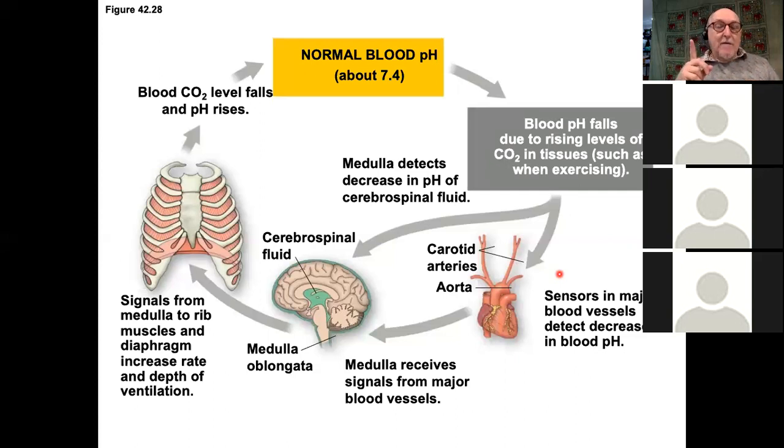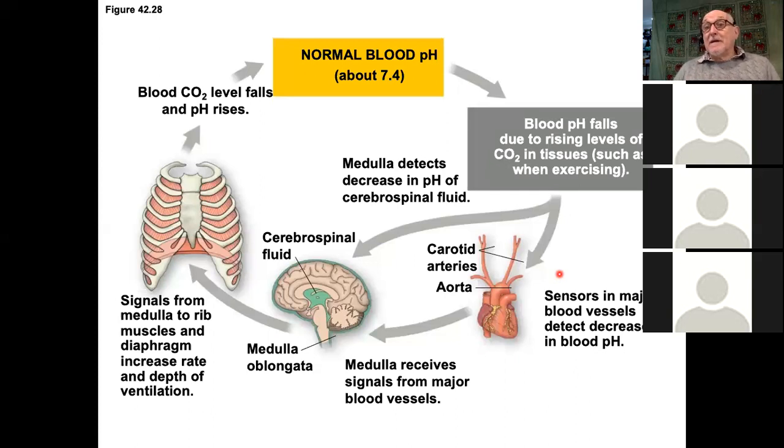It does it directly, but it also monitors the pH of the blood, because the higher the carbon dioxide levels, the more bicarbonate we have in the serum. The more bicarbonate you have, the higher the blood pH. Our normal blood pH is around about 7.4.